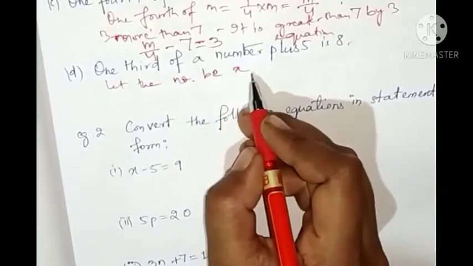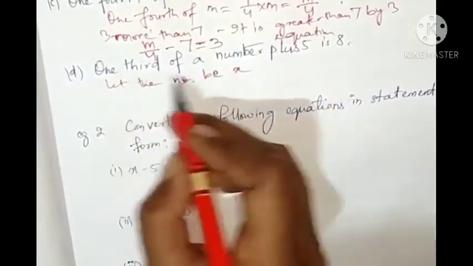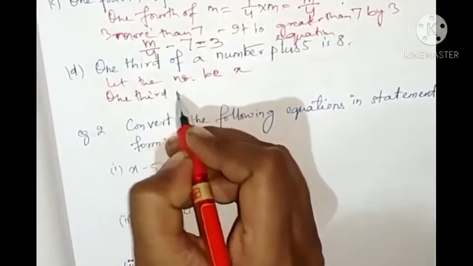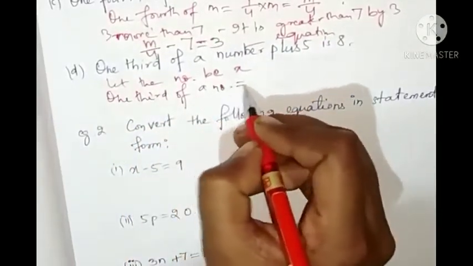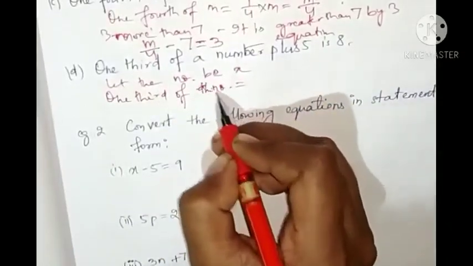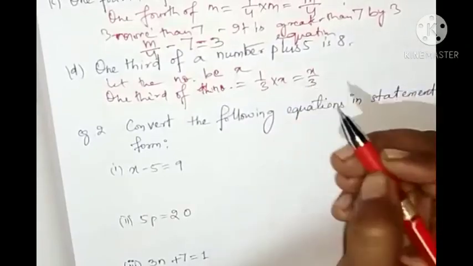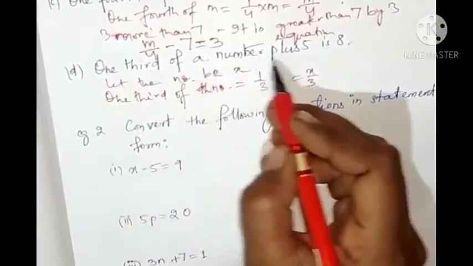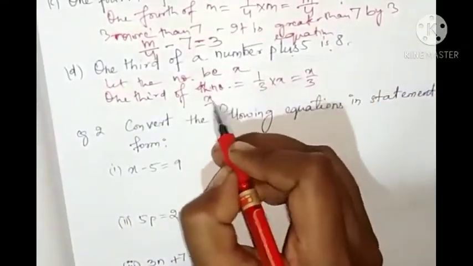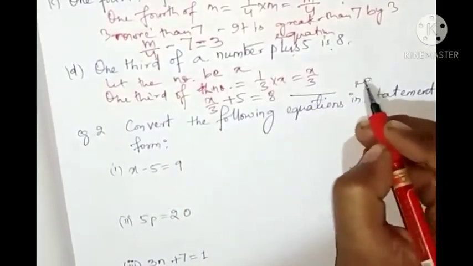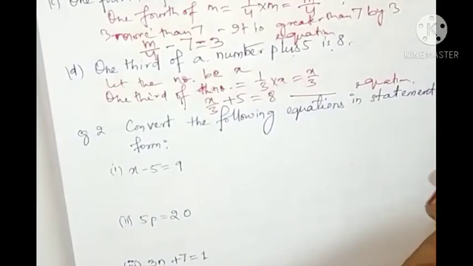So 1/3 of this number is 1 by 3 into x, that is x by 3. So 1/3 of a number plus 5, x by 3 plus 5, is what? 8. So this is our equation.